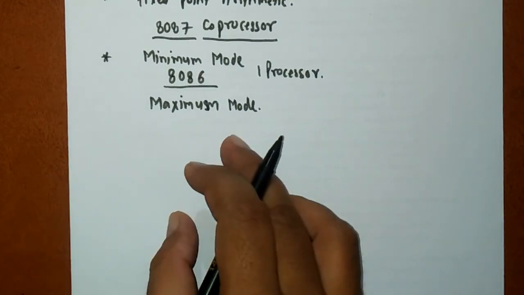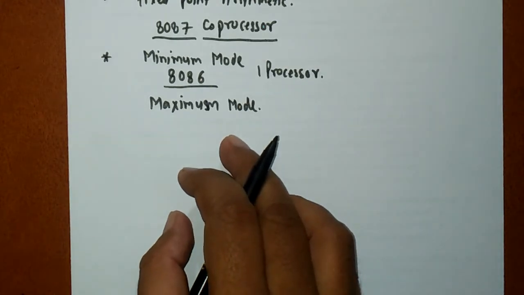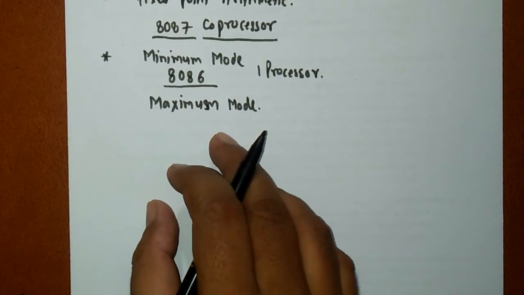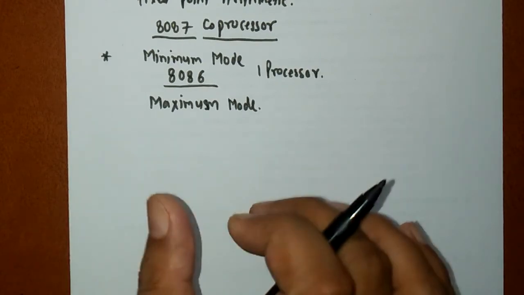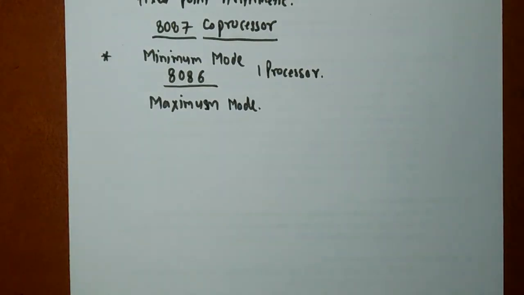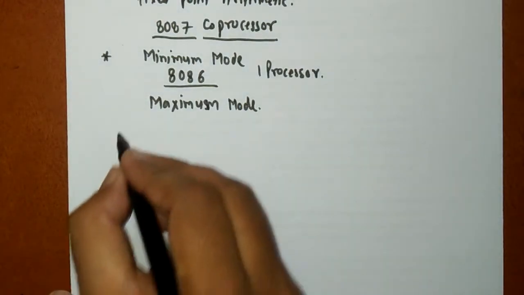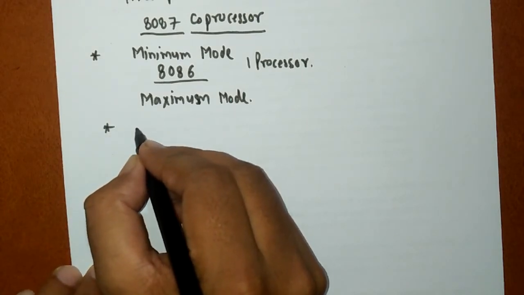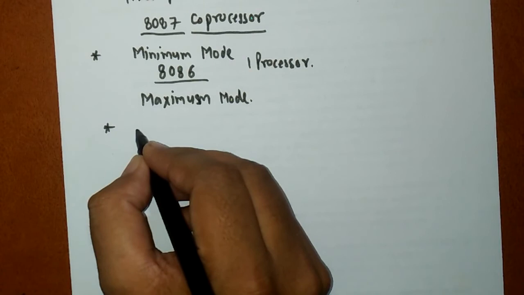And as there are multiple processors, in that case 8086 will not generate control signals for all the processors, so an external bus controller will be used to generate control signals. So from our point we can also say that 8086 can work in multi-processor environment.